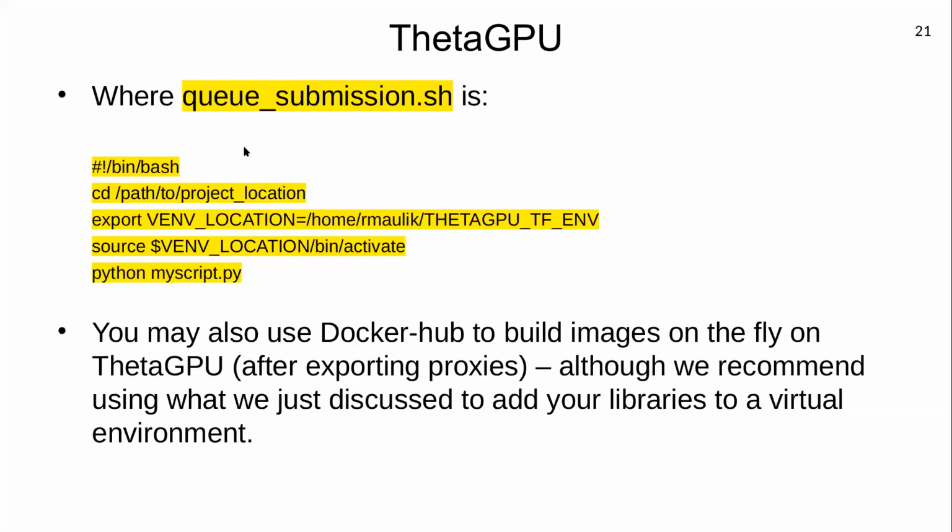Within this submission script, you would have a set of commands that activated your specific virtual environment, and then run your Python script. You could also, like I said, if you've built using a particular virtual environment, specify a C++ or a Fortran executable to run on Theta GPU.